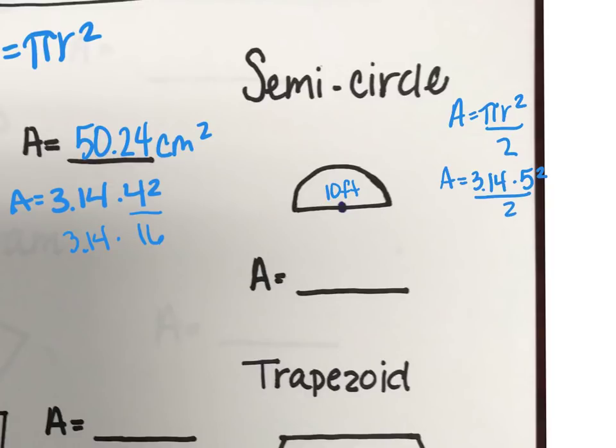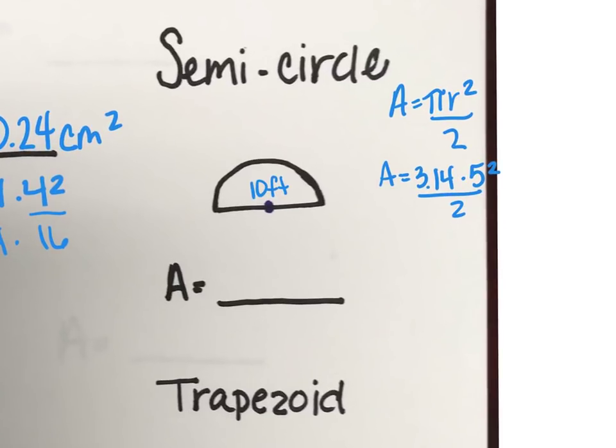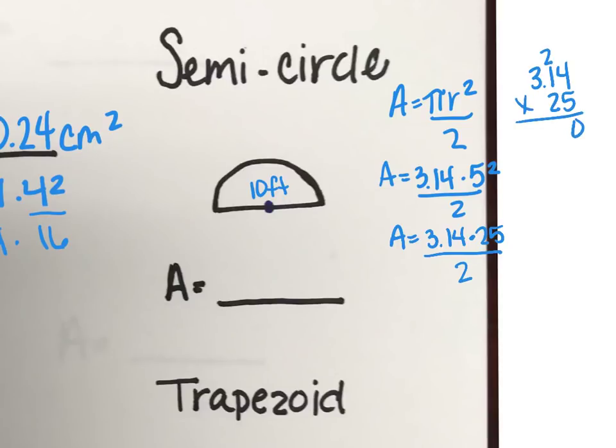So order of operations tells me exponent first. 5 times 5 is 25. Remember, it's not times 2, it's times 5. And then we're going to do multiplication on top and then the division last. So 3.14 times 25. 5 times 4 is 20, carry your 2, 5 times 1 plus 2 is 7, 5 times 3 is 15.